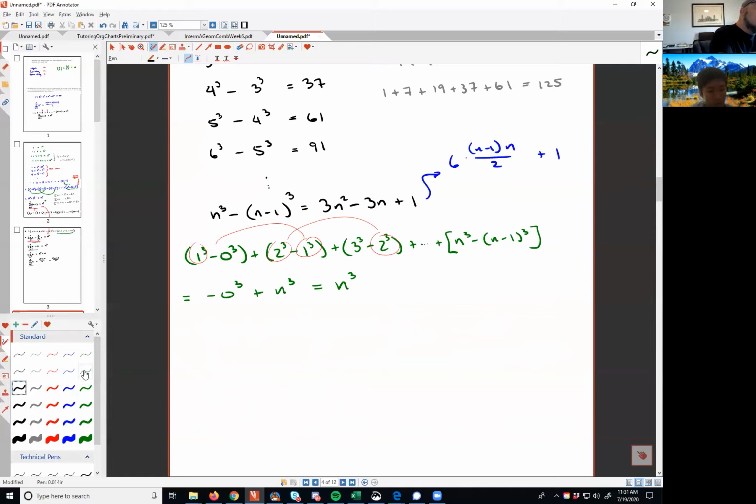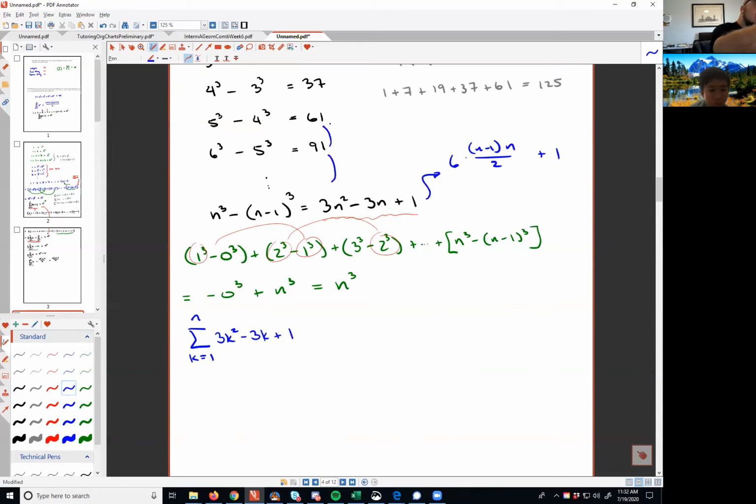Because our general term is 3k squared minus 3k plus 1. And I'm saying k because I want to use that as an index variable. The summation, as k goes from 1 to n, of 3k squared minus 3k plus 1.